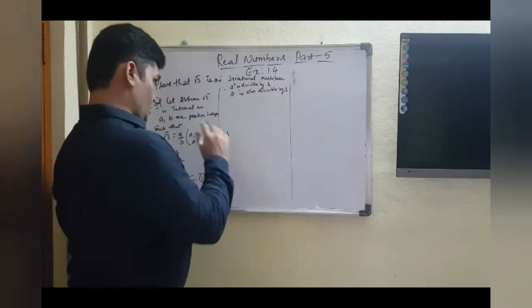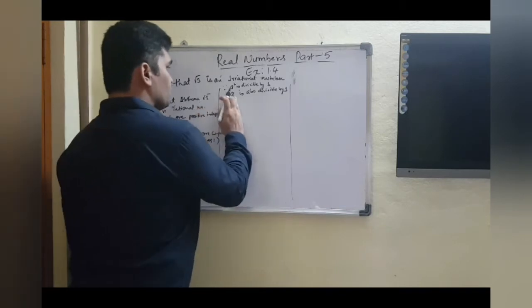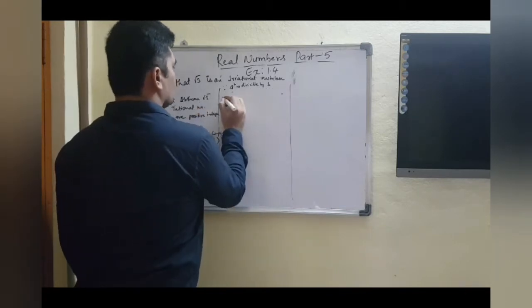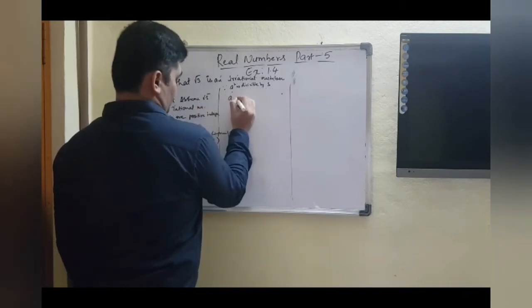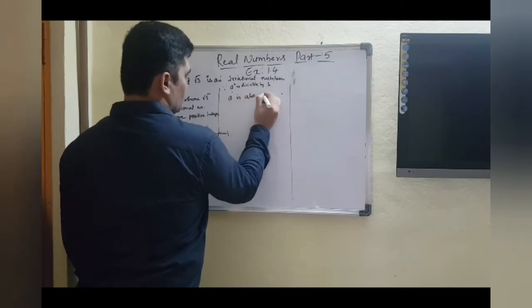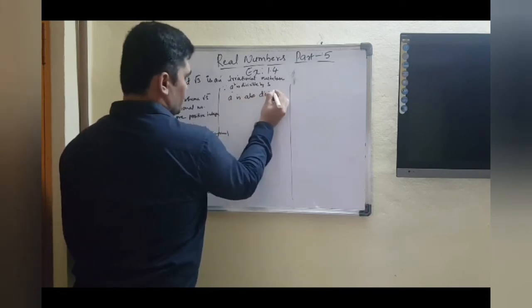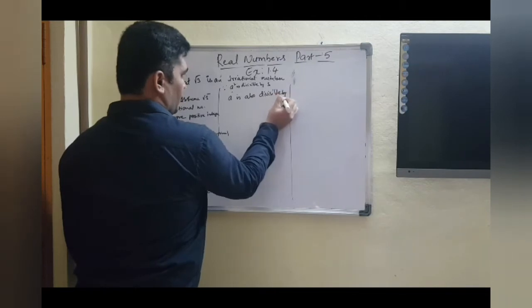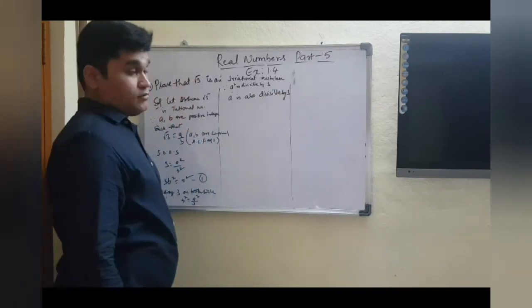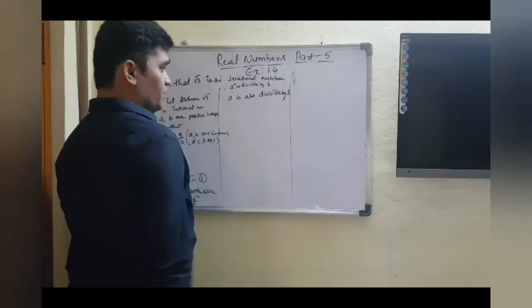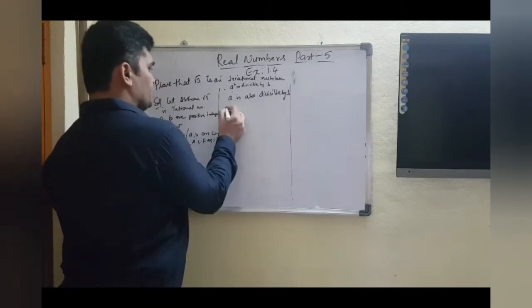Okay, I'll write a little bigger for your convenience sake. A is also divisible by 3.